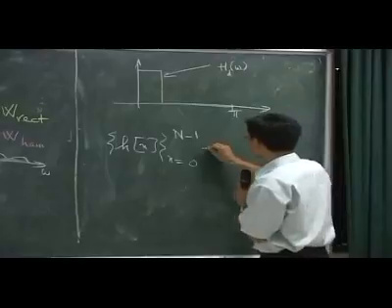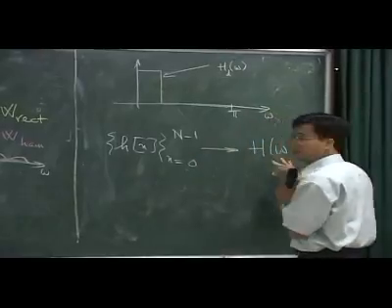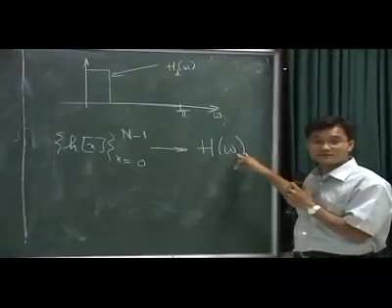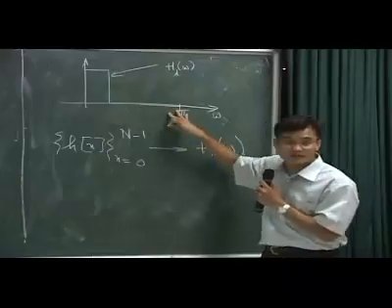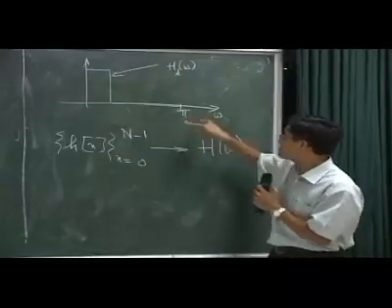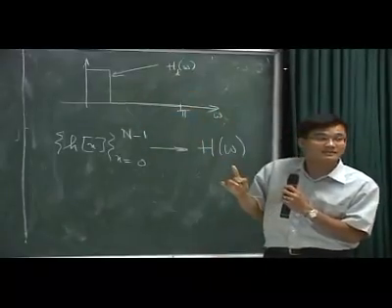We want to get this, so these N degrees of freedom give us some filter H of omega, and this H of omega is a function that has a value for every value of omega. So we cannot twist all of these numbers so that this thing matches exactly every omega. Right? So that's the thing.